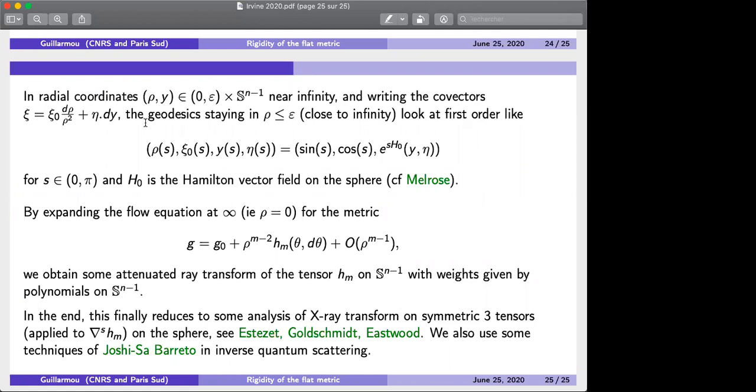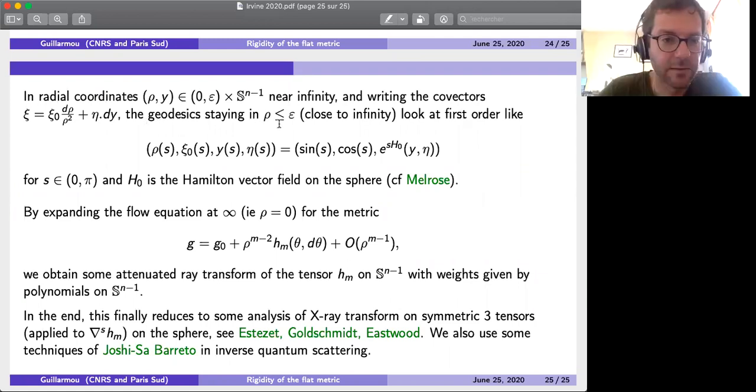In fact, one can check that the geodesics staying in rho less than epsilon, which means in r bigger than 1 over epsilon, so very far near infinity, we can describe them at first order under the form I wrote.